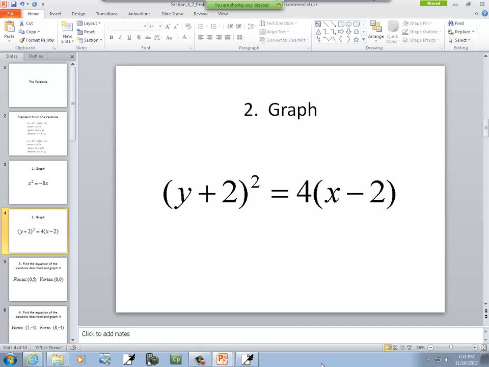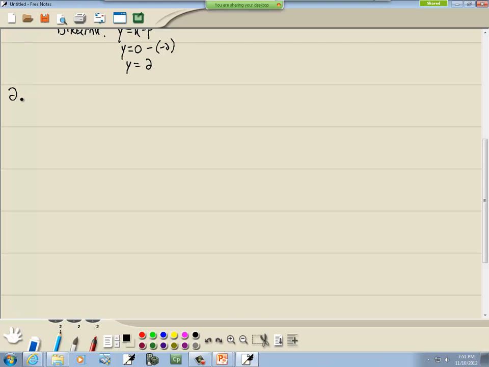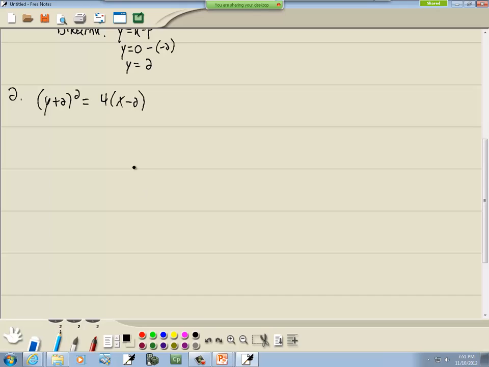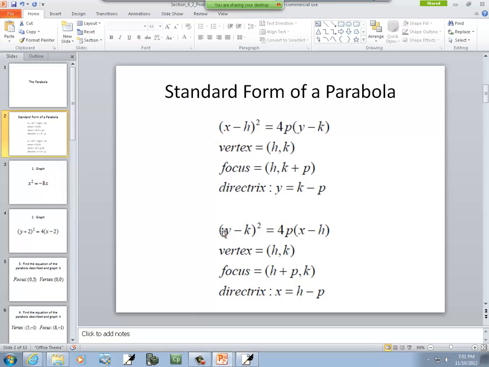Okay, let's graph this one. We got y plus 2 squared equals 4 times x minus 2. Now the square is on the y, so we come down here, the square is on the y. We want to use the bottom formula.